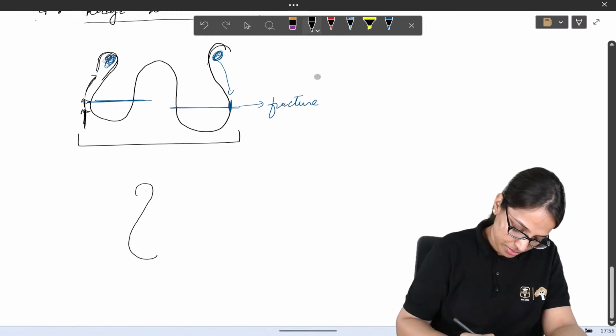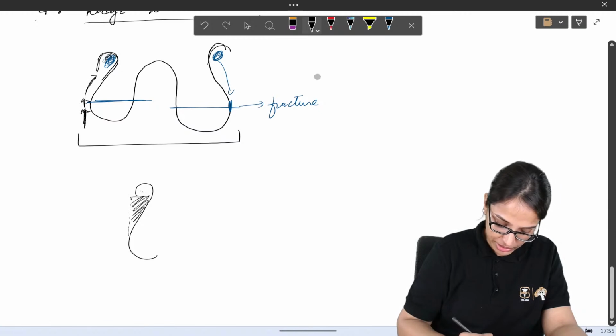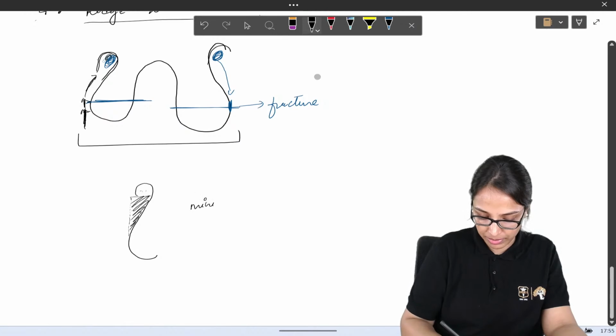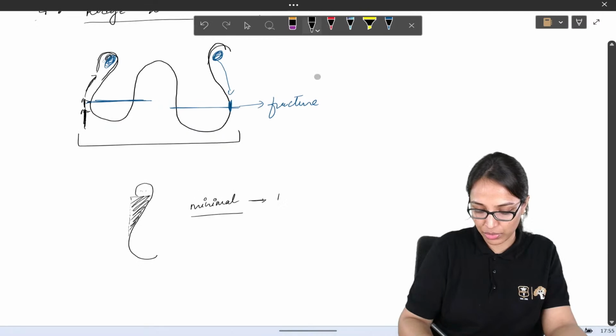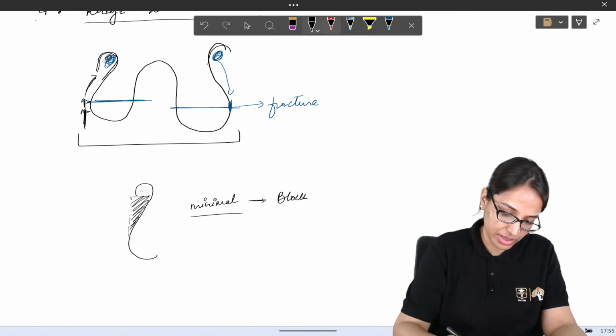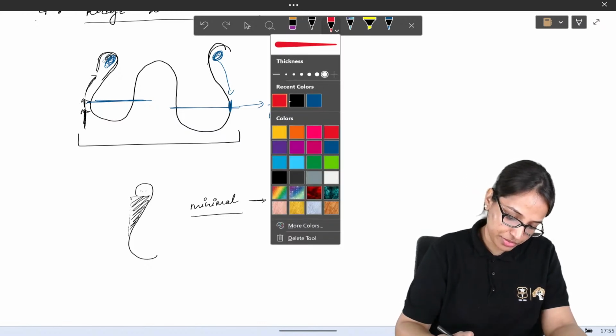If I extend the curvature superiorly, this is the amount of undercut that I'm negotiating. Supposedly my undercut is very minimal. When I have minimal undercut, I can block some part, not everything. You should not block everything. You can block some part of it.